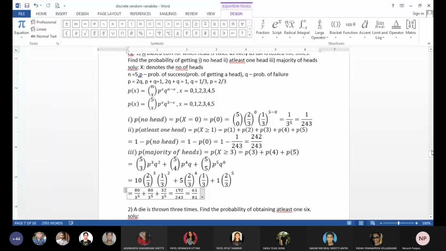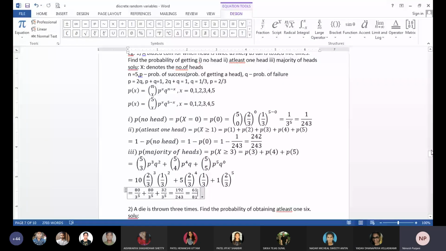Yes, sir. Then we substitute the values. 5c3 का value is 10. P का value is 2 by 3 and Q का value is 1 by 3.